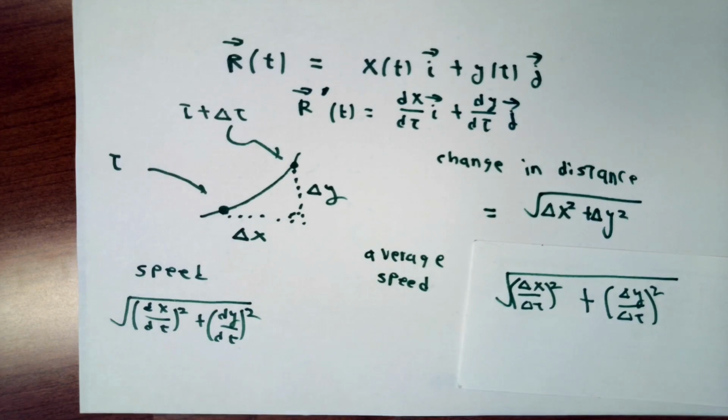The magnitude of r prime in this interpretation is the instantaneous speed of the object. For this reason, r prime is often given another name. It's often called the velocity vector and symbolized with a v. We'll talk more about that real soon now.